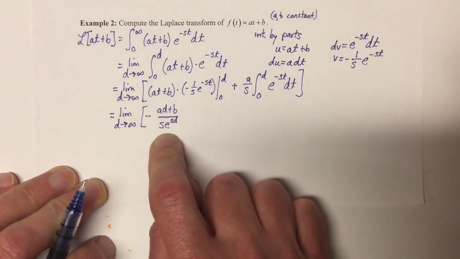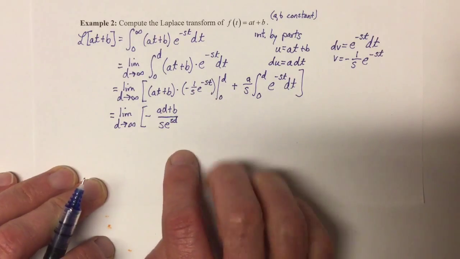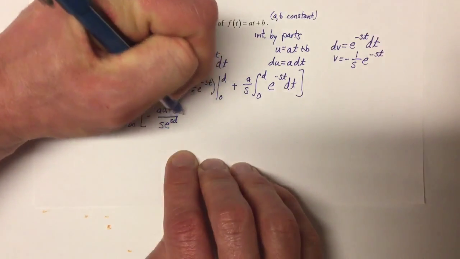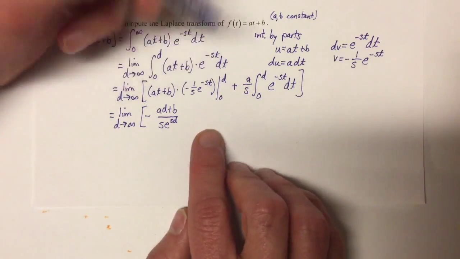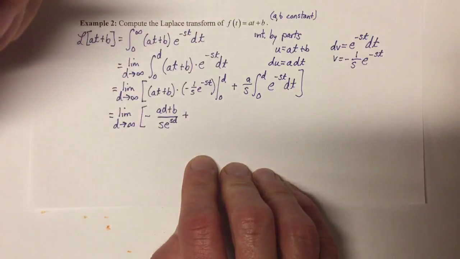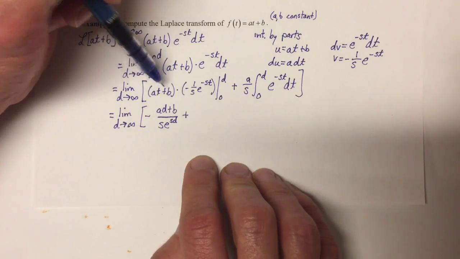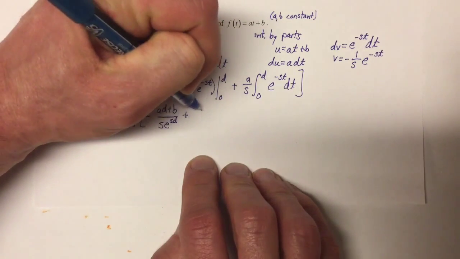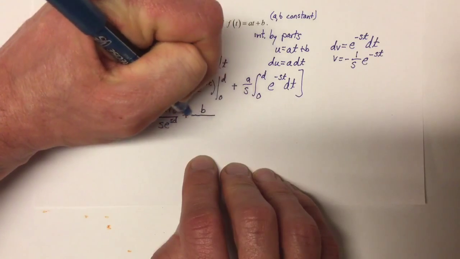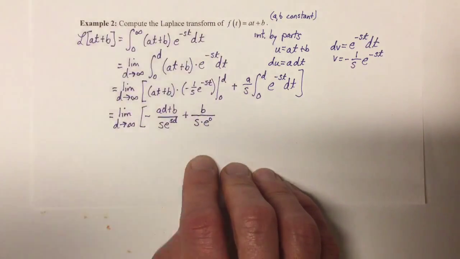Go ahead and put that down into the denominator and get rid of the negative power. Minus, when we plug in 0, we'll have minus a minus, that'll become plus. 0 into here gives me b times all of this, so it'll be b over s times e to the 0.